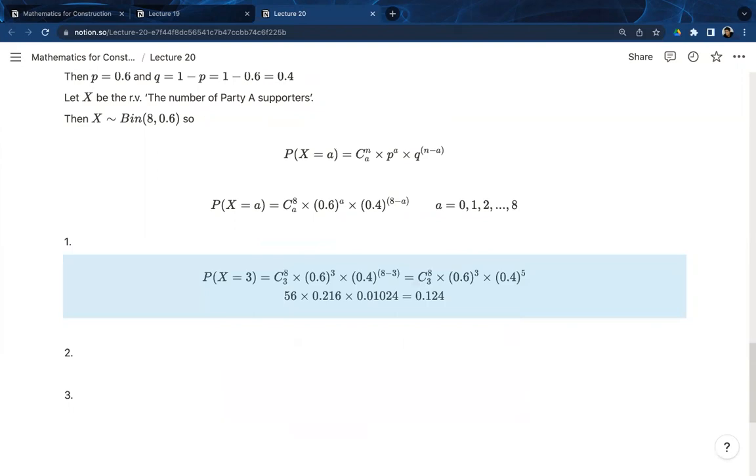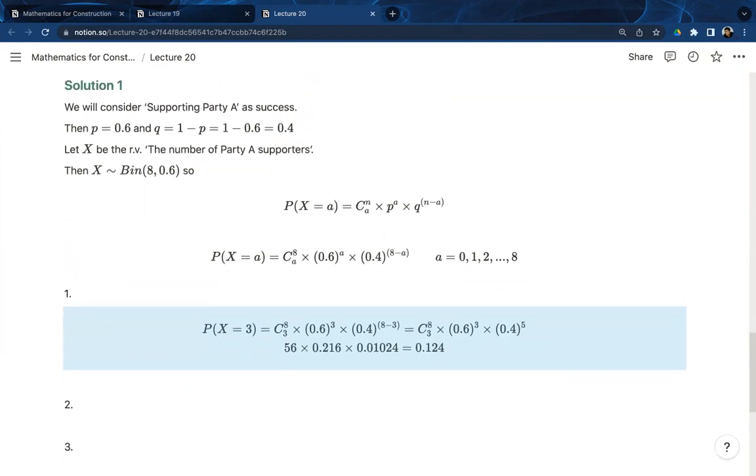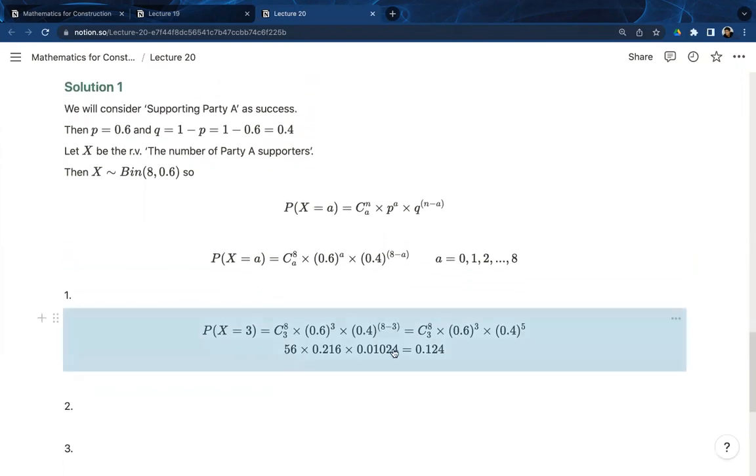Right? This is the probability that 3 voters out of the 8 support party A, right? The independent trial is asking somebody if they support party A or not. Is this success or failure, true or false, right?